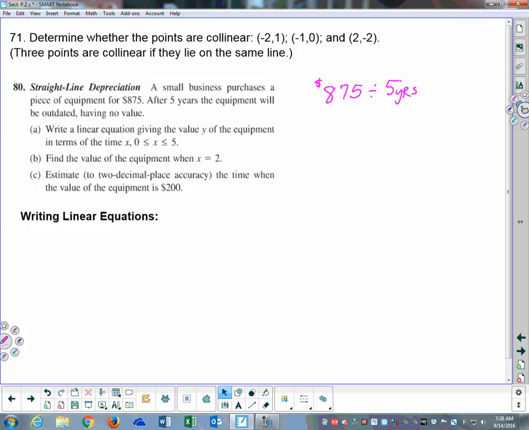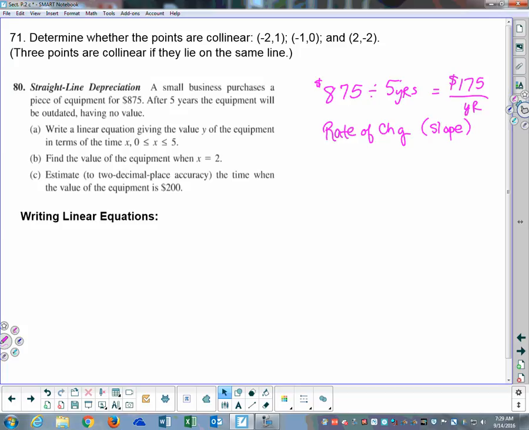If I do that division, I will come up with $175 per year is what it needs to depreciate, so decrease. This is like a rate of change, correct? Or in other words, it's a slope.